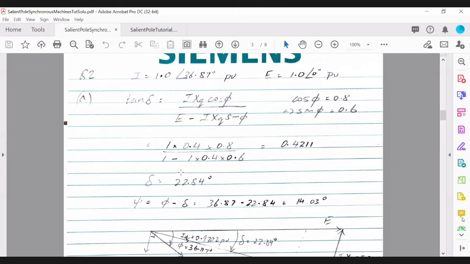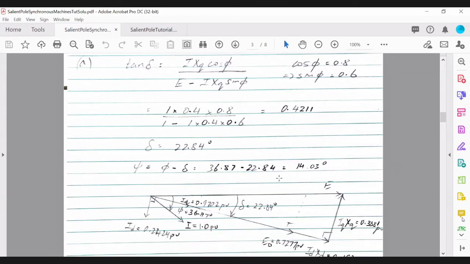And since the motor is operating in lagging power factor, the angle of interest will be basically phi minus delta, right? So also this is based on the phasor diagram of the lagging power factor motor.